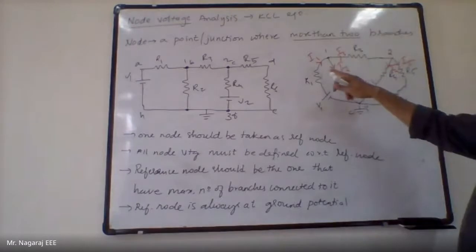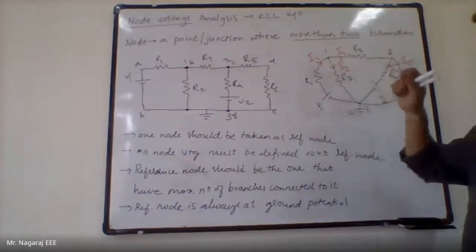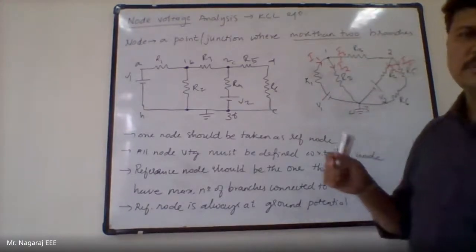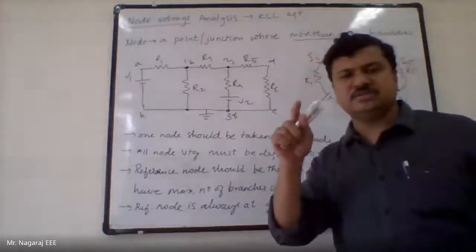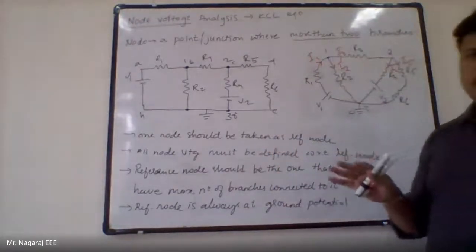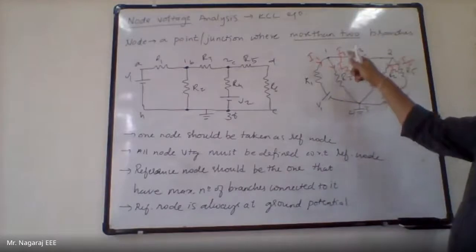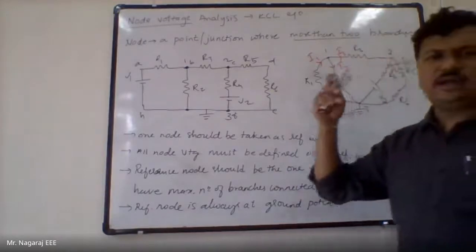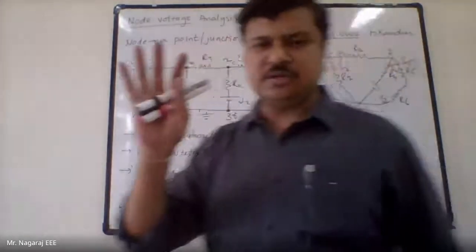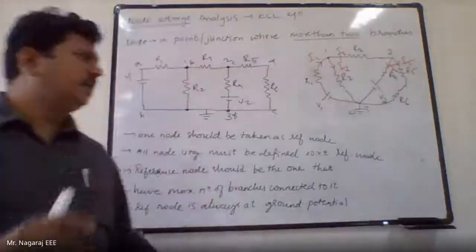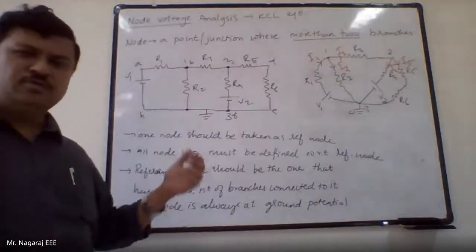It is not that the number of unknown currents should be equal to the number of meshes. That is in mesh current analysis. Here I am not worried about that. You assign any number: I1 to I8, any number of branches. IA, IB, ID, IA dash, IB dash, I1 dash, I2 dash, do whatever you want.